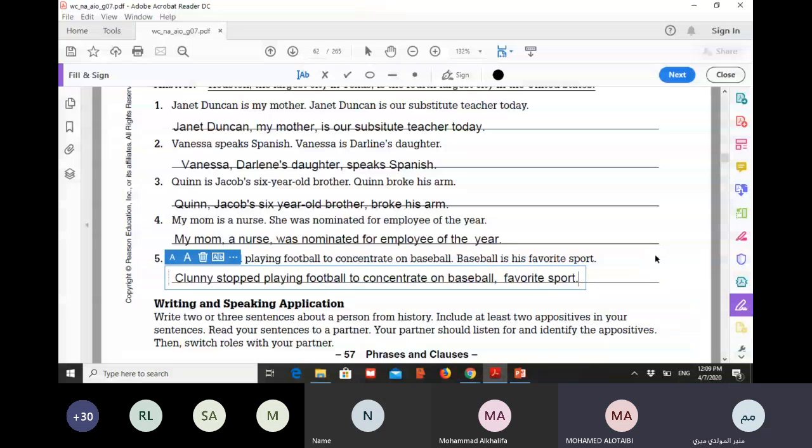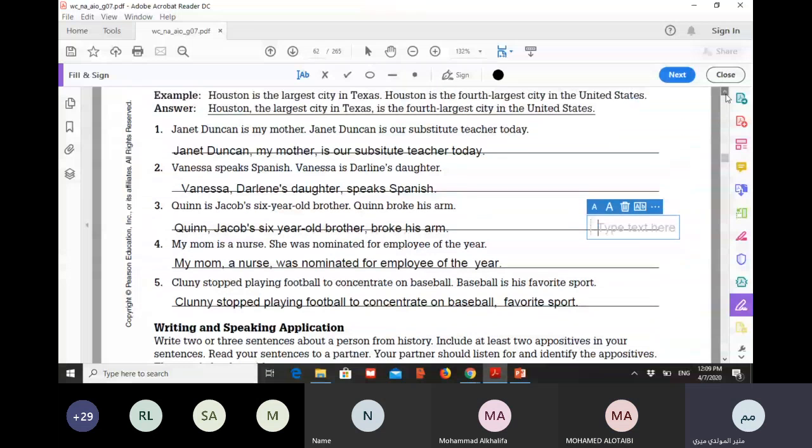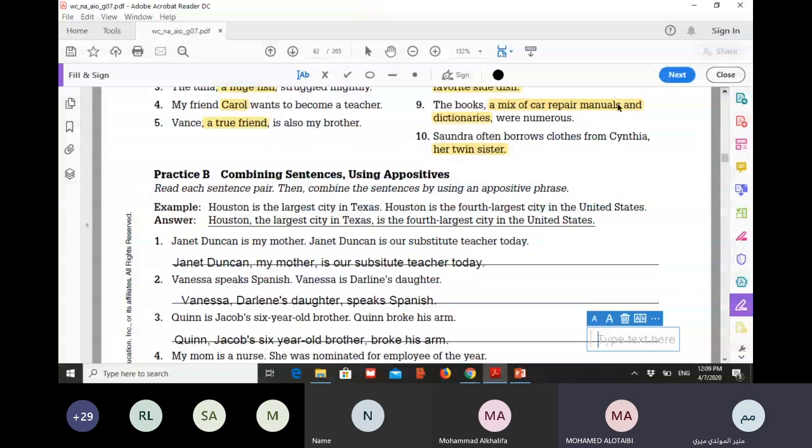Okay, so we are going to go back to practice A, for those who did not understand because they find it difficult. Just to make a comparison between the two sentences. Here we have Sandra often borrows clothes from Cynthia, her twin sister. So her twin sister here identifies the word Cynthia, and you can omit it from the sentence and the sentence still gives the same meaning.